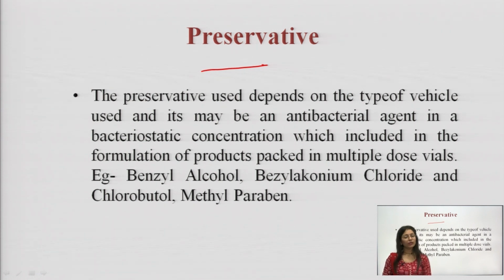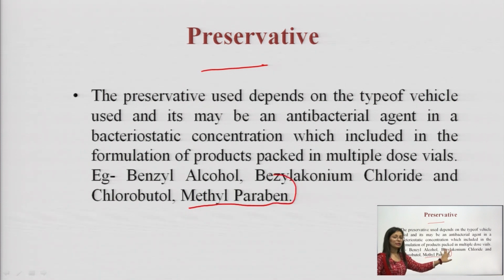Preservatives used depend upon the type of vehicle used, and they may include an antibacterial agent in a bacteriostatic concentration in the formulation of a product packed in multiple dose vials. Preservative, as I told you, is helpful for preserving the particular product for a long period of time. You have also heard about methylparaben. Most of the people have heard it a lot of times. This is a preservative, preserving the formulation from getting degraded.